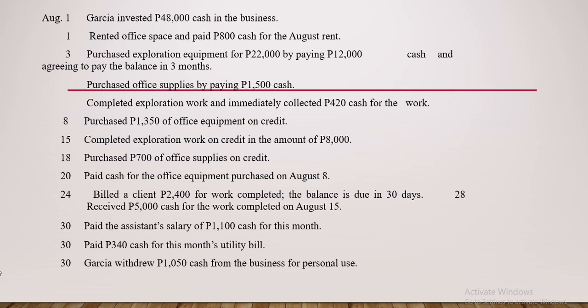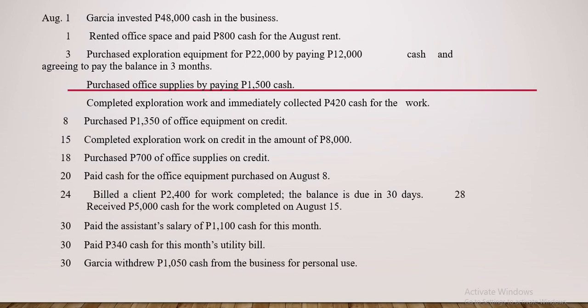So, yung August 8, binayaran by August 20. August 24, billed a client 2,400 for work completed. The balance is due in 30 days. August 28, received 5,000 cash for the work completed on August 15.